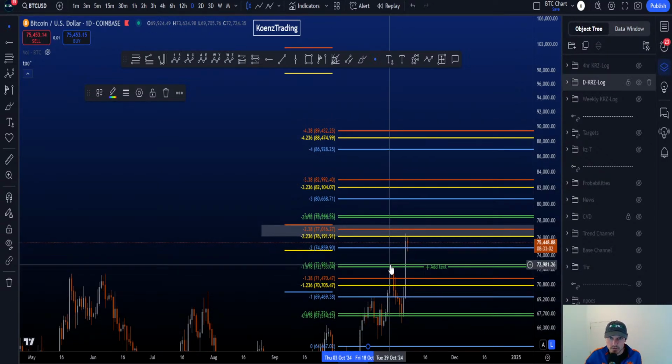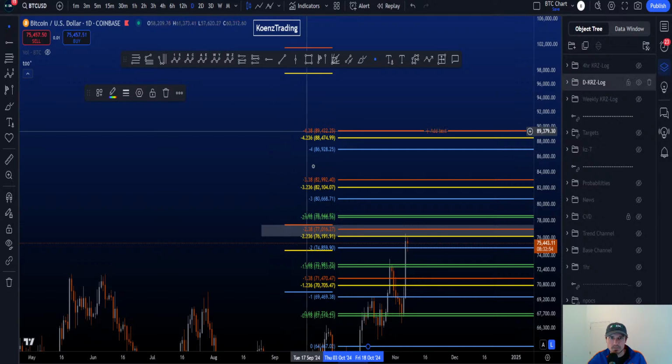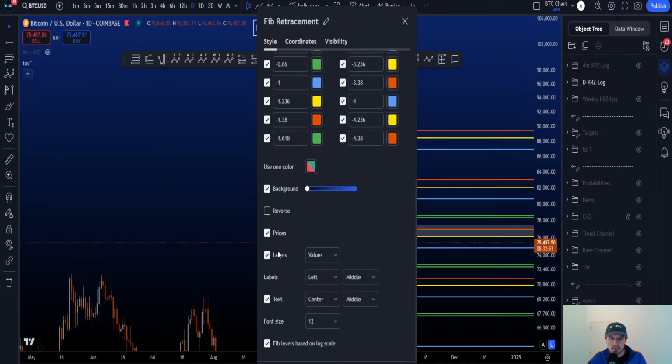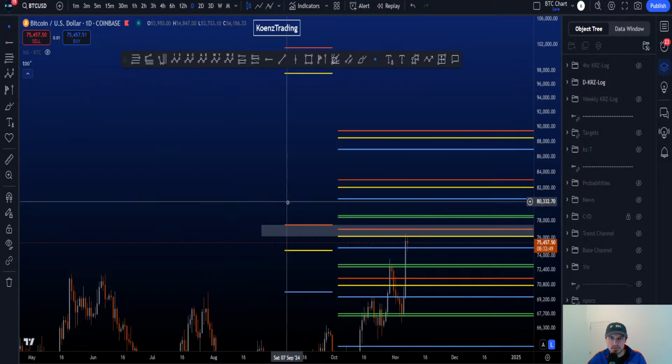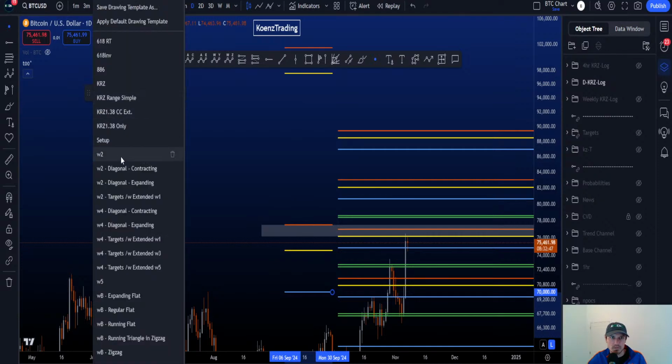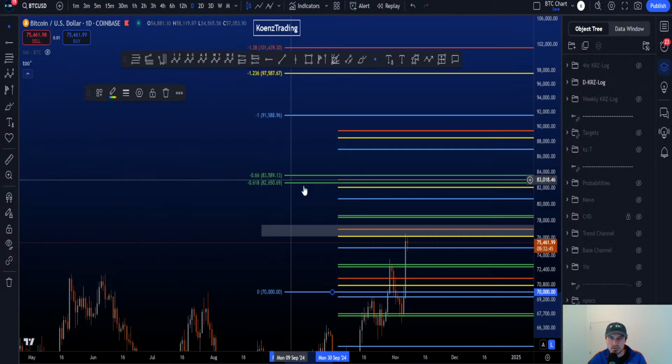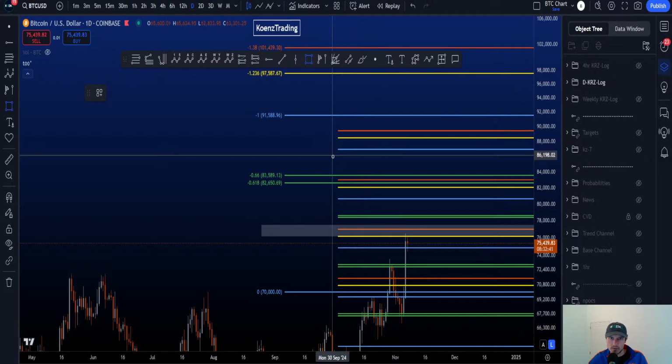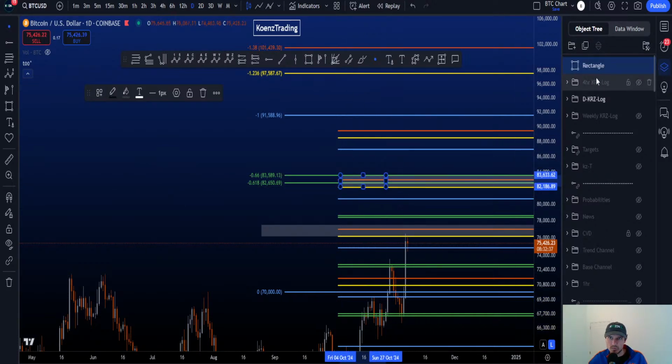Nice, golden pocket, golden pocket, golden pocket. Next 236 area. Man, it looks very messy. Okay, there we go. Oh, this might be interesting indeed. Put the box there.